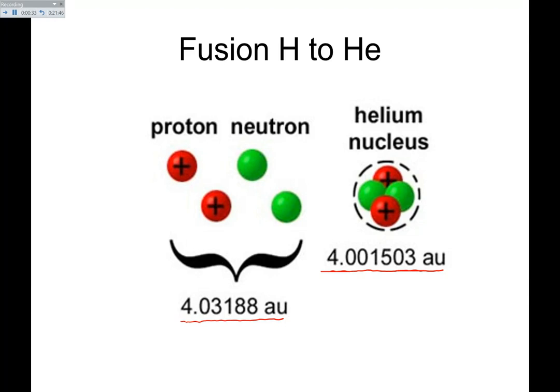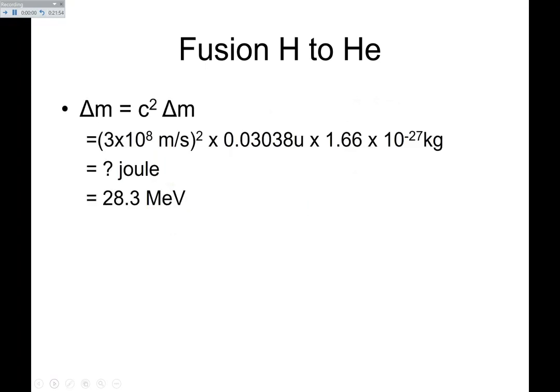So again, we can work out how much energy is released when these 4 particles form a helium nucleus. The same typo. Can't believe I'm so good I did it twice. But the same idea. Here's the change in mass. Here's the exchange rate for 1 atomic mass unit.